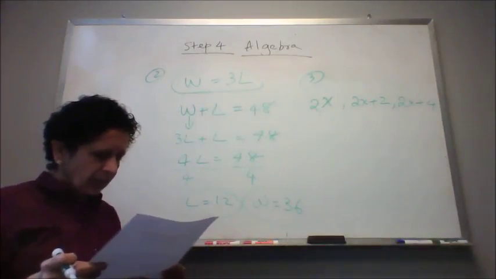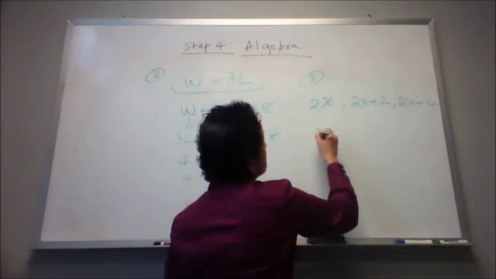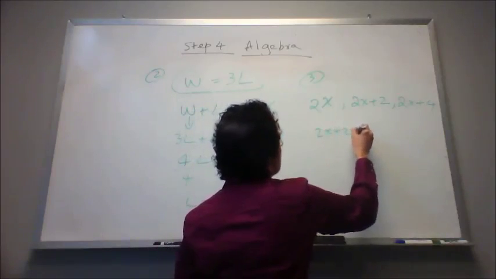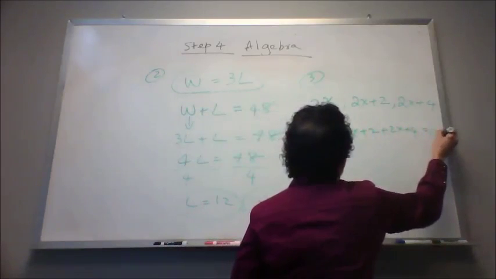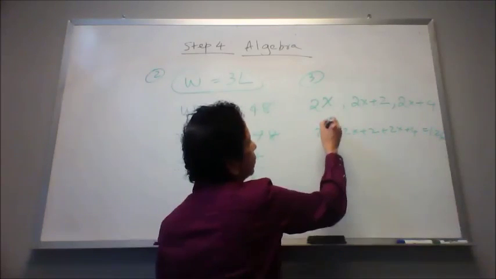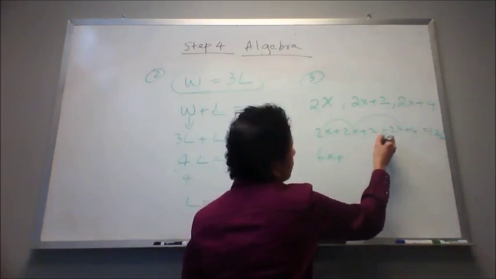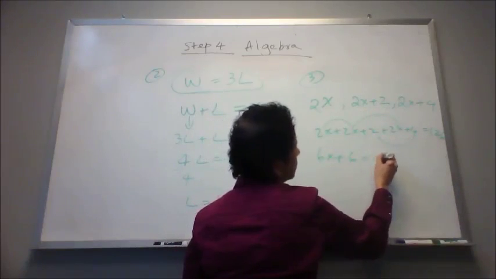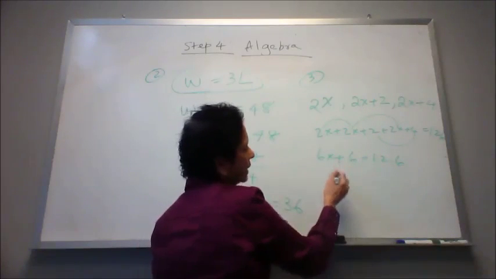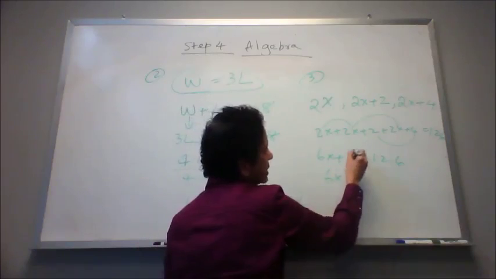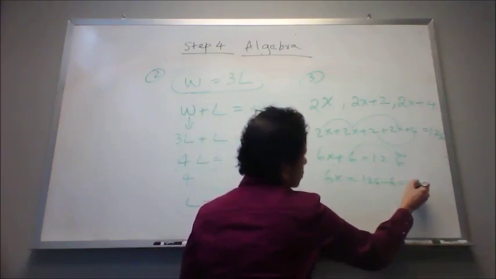And it's saying that the sum of them is 126. So that means that 2x plus 2x plus 2 plus 2x plus 4, if I add them up, it's 126. So now if I group them, that's 6x, and then plus 6 equals 126, okay? So now I don't like the 6 here, so I take the 6 to the other side, so 126 minus 6, that's 120.